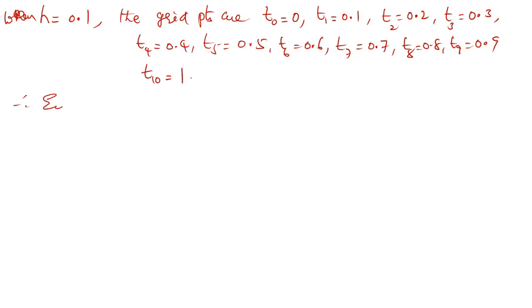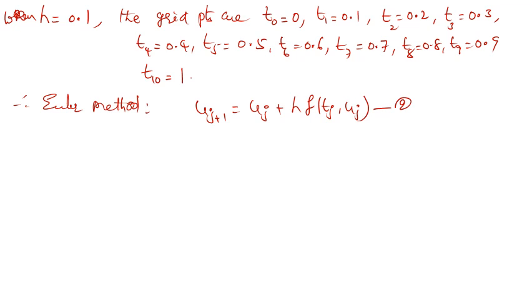Therefore Euler method: uj plus 1 equals uj plus h into f of tj comma uj. This is equation 2. You take j values 0, 1, 2 up to 9, which gives the last point 10.